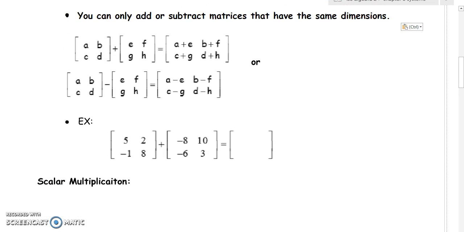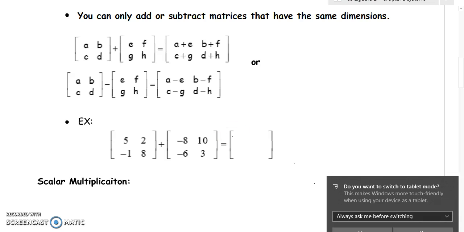If we have a 2x2 matrix plus another 2x2 matrix, all we're going to do is add the corresponding parts together. So 5 plus -8. We have 2 plus 10, -1 plus -6, and 8 plus 3.